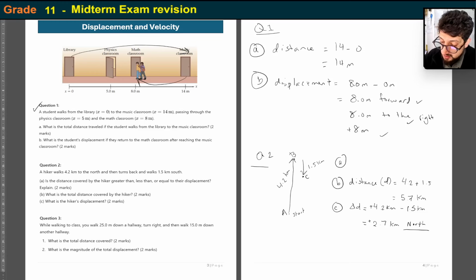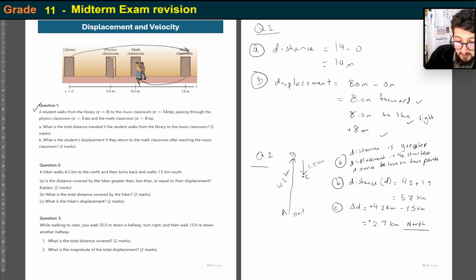Of course, the distance is greater, and the reason for that, this is the explanation now, is because displacement is by definition the shortest distance between 2 points. Okay, so that's how we answer that one.